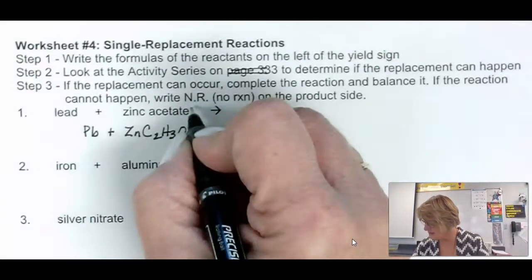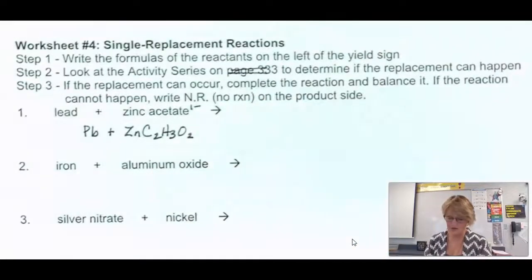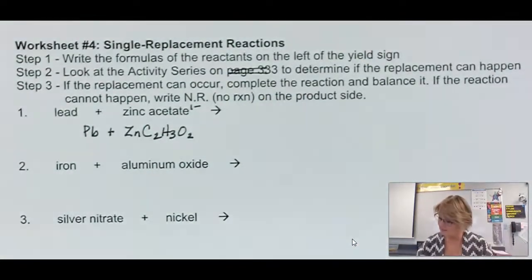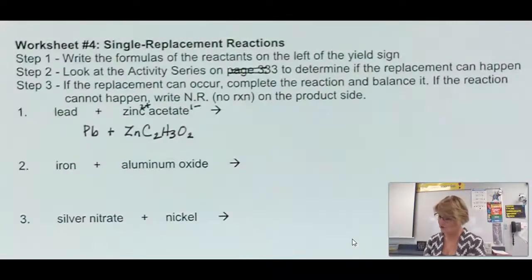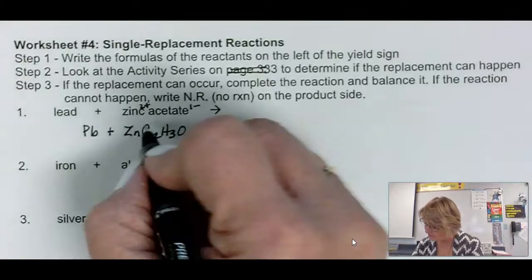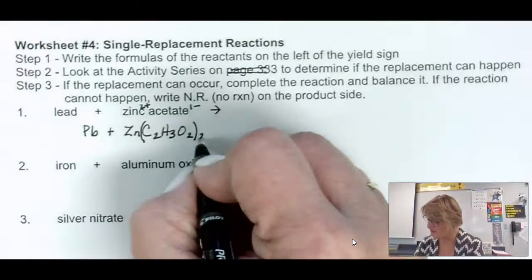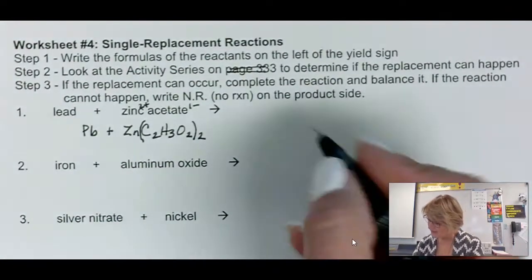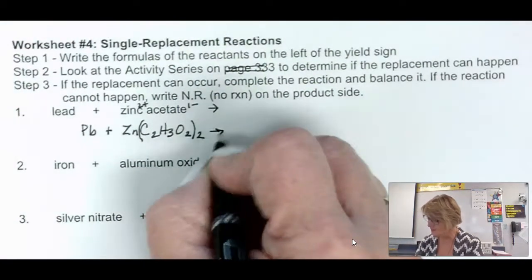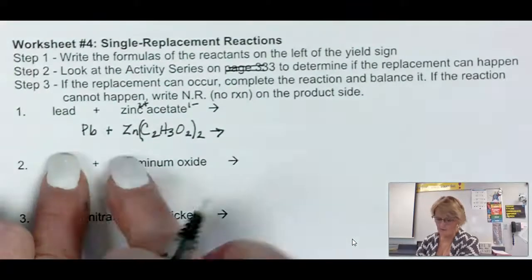Acetate has a 1- charge, and remember that zinc has a +2 charge. So we're going to need 2 of the acetates.